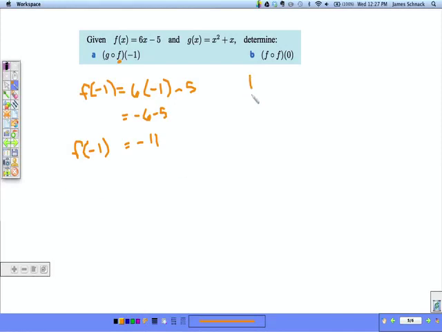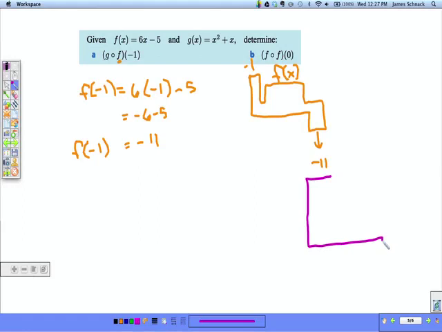So I'm going to diagram this with one of these function machine pictures. So here's f of x. What did I drop in? I dropped in negative 1. What came out? Negative 11. Now we have a new machine that negative 11 falls into. This is g of x.